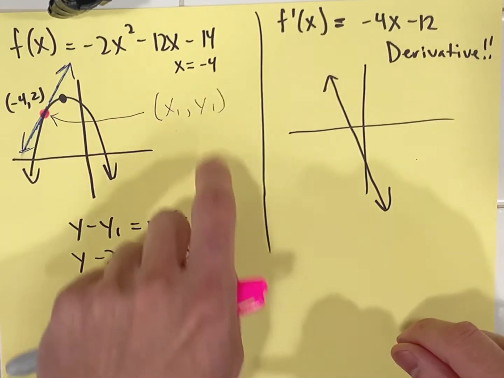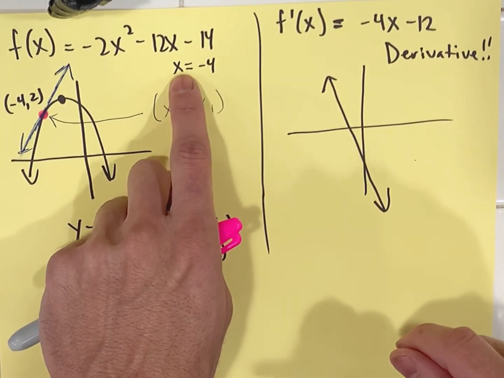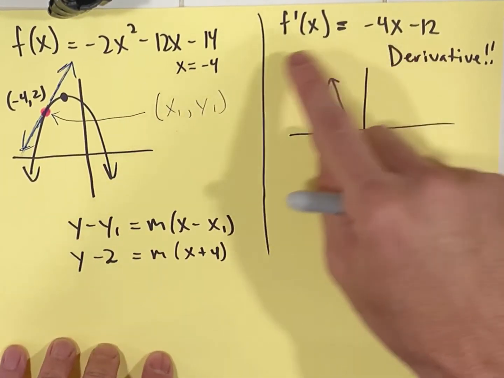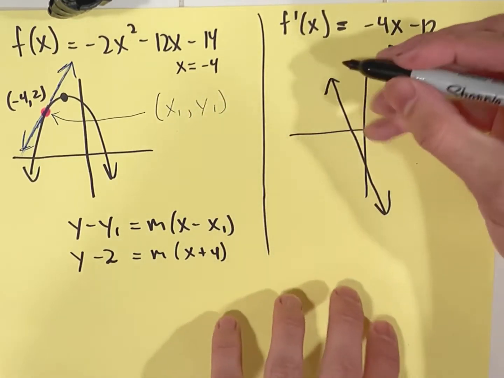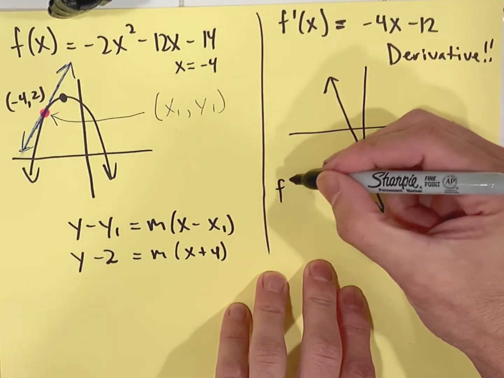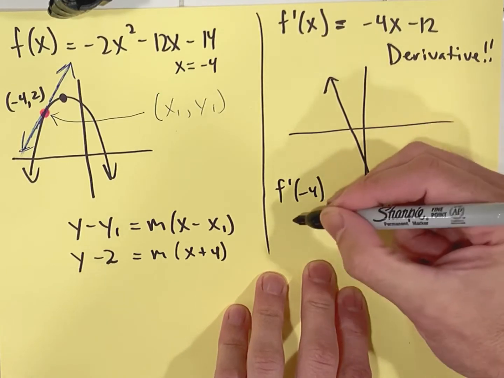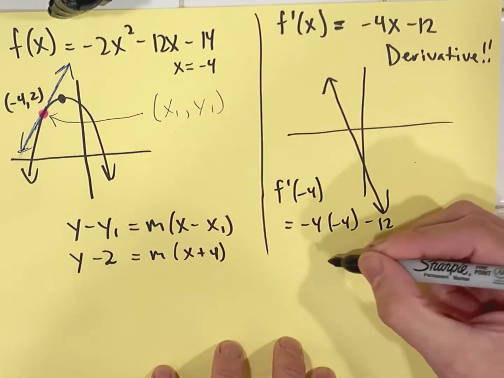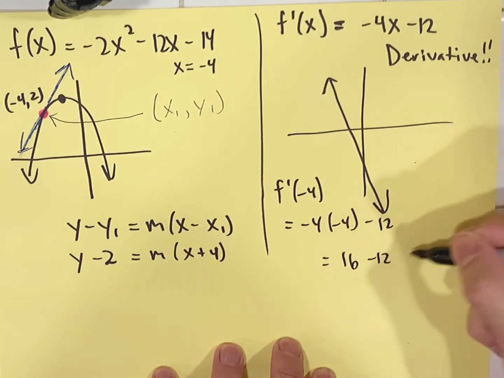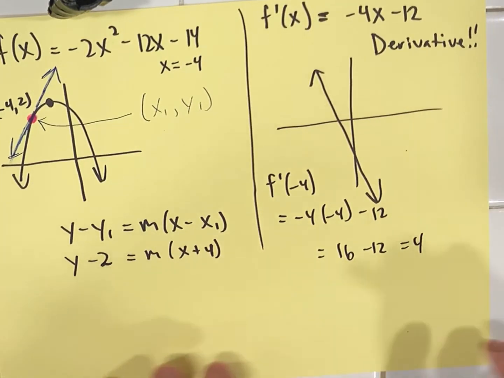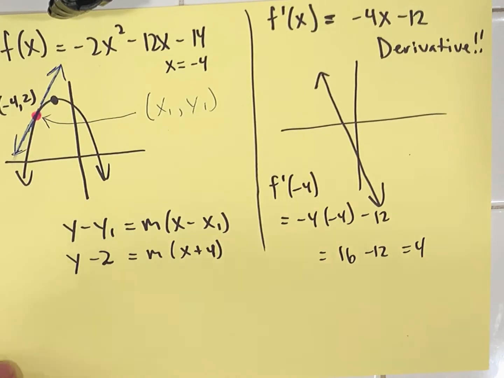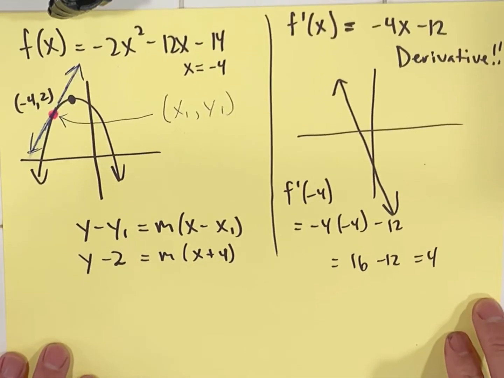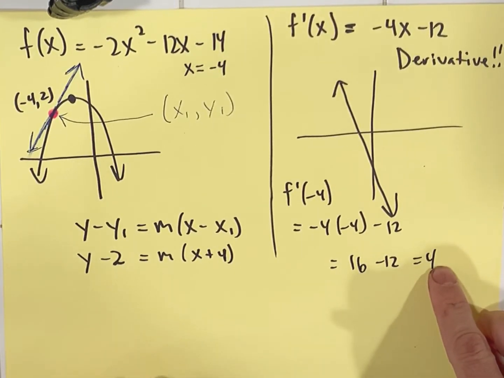So to finish this off, take -4 and plug it in for x, but here into the derivative. So let me plug in -4 there. That would say something like f prime of -4 equals -4 times -4 minus 12. And this is 16 minus that. So there's a lot of 4s in this problem. I did not mean for that to happen. There's 4s everywhere. So let me take that slope and drop it in here.